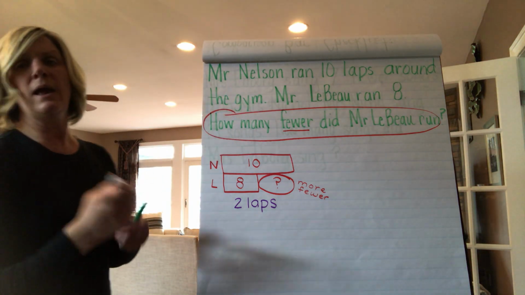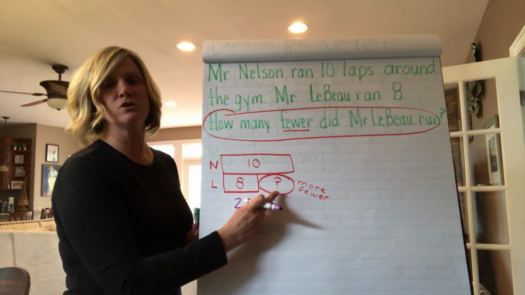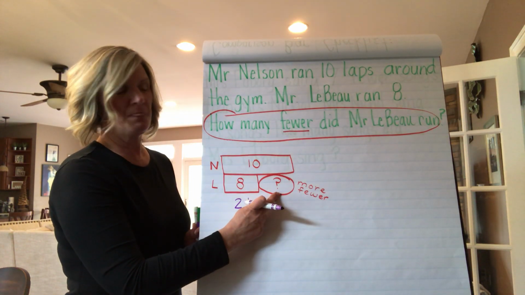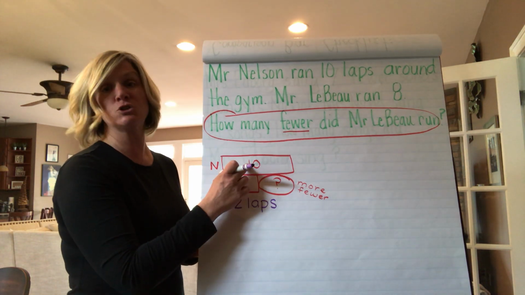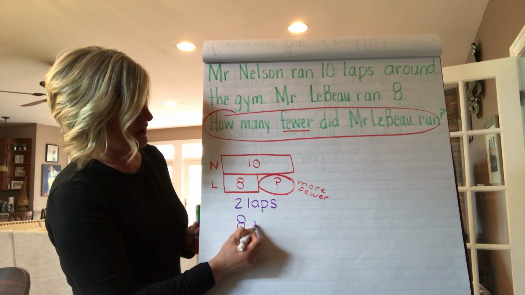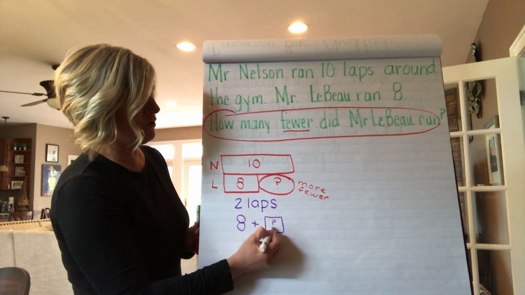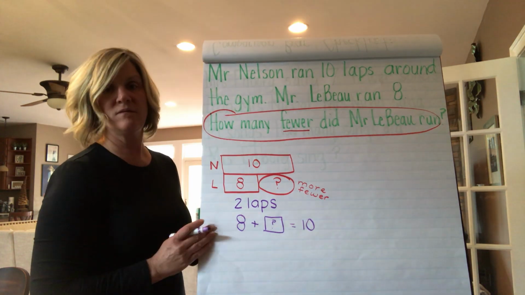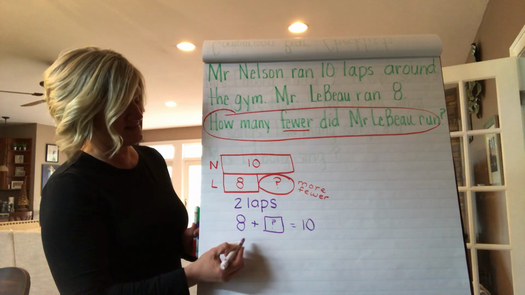Some of you may have felt more comfortable to figure out your number pairs and the number pairs that got you to the total. So some of you may have done 8 plus, this is the one I don't know, equals 10. And some of you may feel more comfortable with subtraction and said 10.